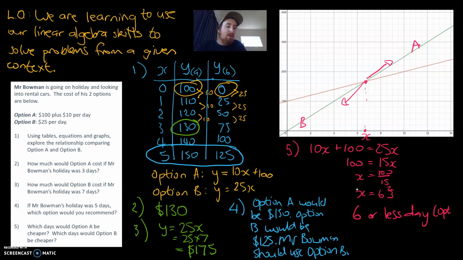And for 7 or more days, option A would be cheaper.